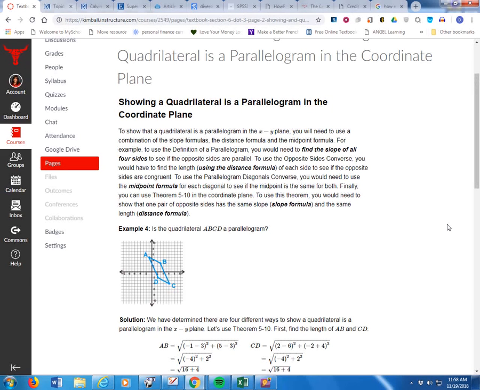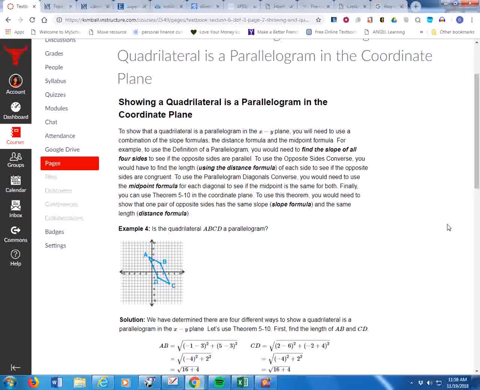I just don't know. Okay, the problem says, which sum does not belong with the other 3? The sum of the measures of the interior angles of a quadrilateral, the sum of the measures of the exterior angles of a quadrilateral, pentagon interior, pentagon exterior.